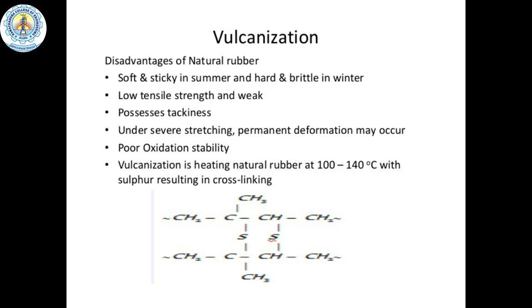Actually, vulcanization is the heating of natural rubber at 100 to 140 degrees centigrade with sulfur, resulting in cross-linking. Here natural rubber is vulcanized with sulfur atoms, that is, the unsaturated bonds are bonded with sulfur atoms.